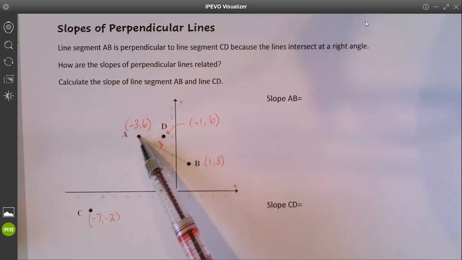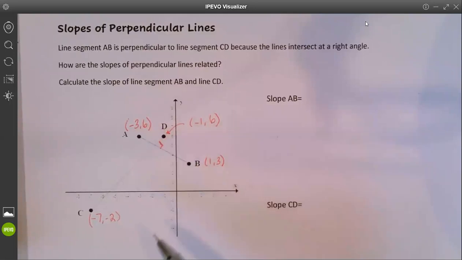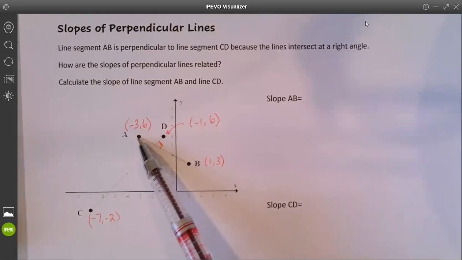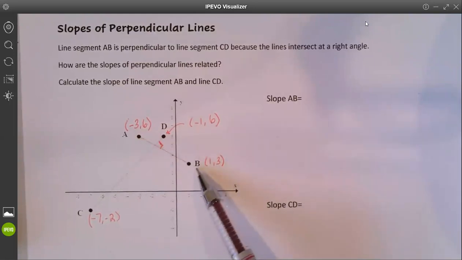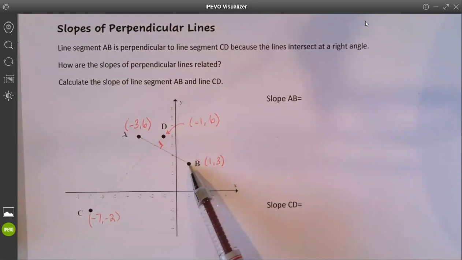So A is the ordered pair (-3, 6). I went over -3 on the x-axis and up to +6. Ordered pair B has an x-coordinate of 1 and a y-coordinate of 3.